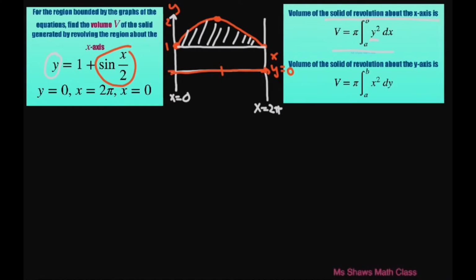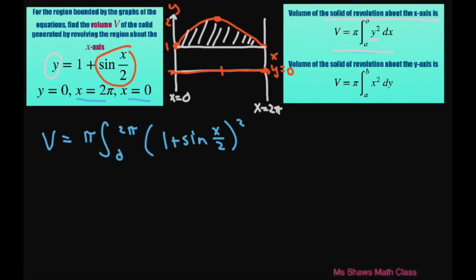All right, so basically you set it up for the volume using our formula. So that's going to be pi. It's given that it's from 0 to 2 pi. Then you take your y, which is 1 plus sine of x divided by 2, and square it, and dx. All right, and then let's expand this part.